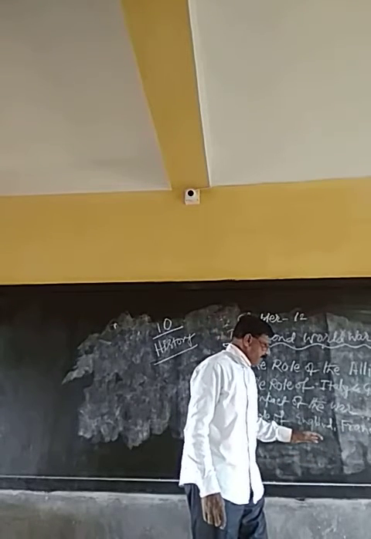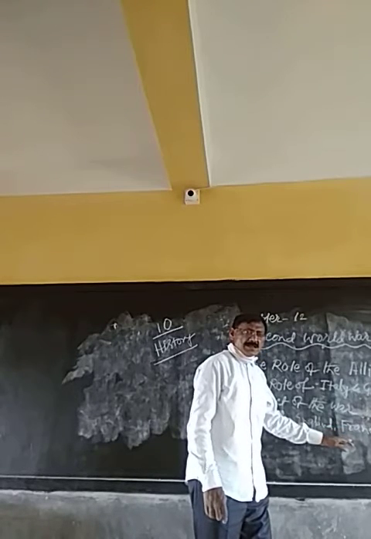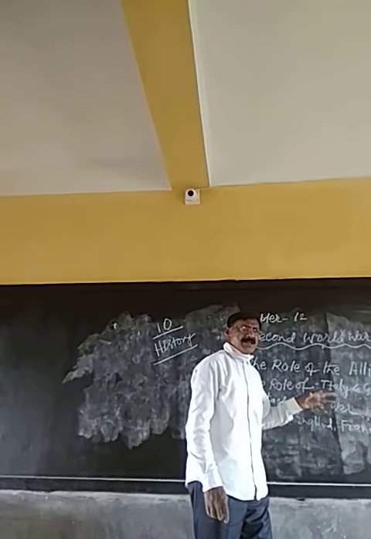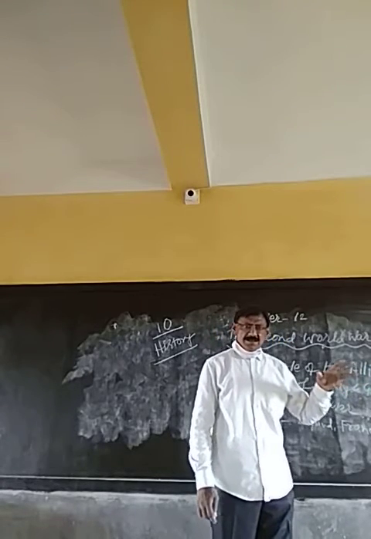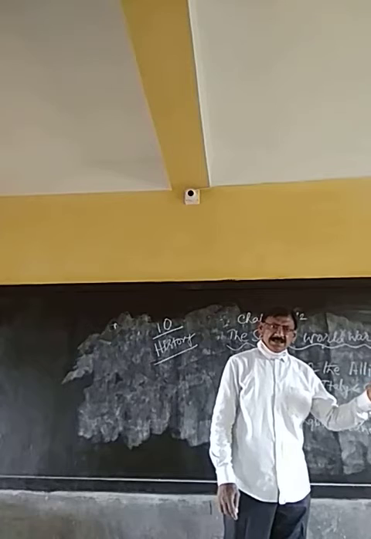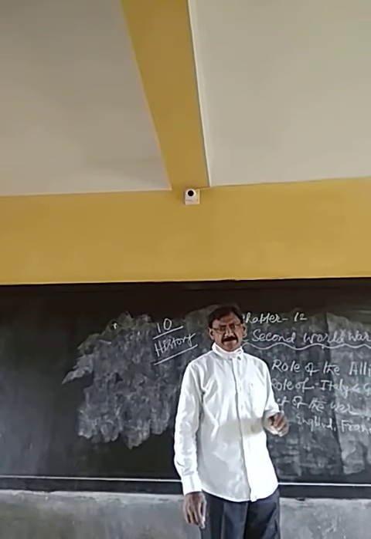Now, what was the aim of these two countries? The two countries wanted to crush the growing popularity of the two leaders: the leader of Italy, Benito Mussolini, and the leader of Germany, Adolf Hitler.